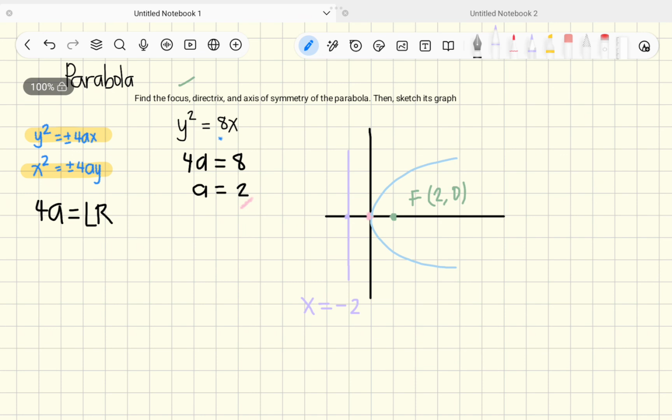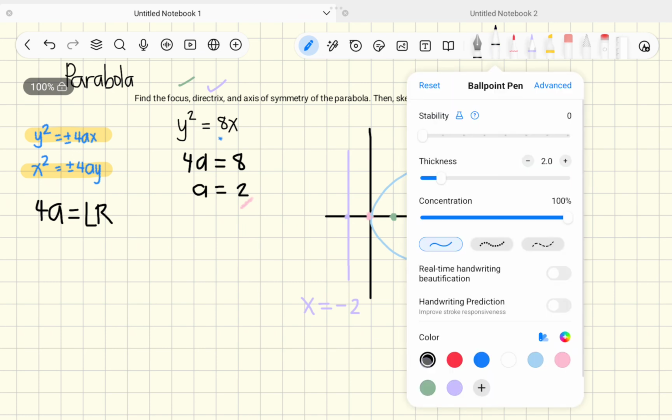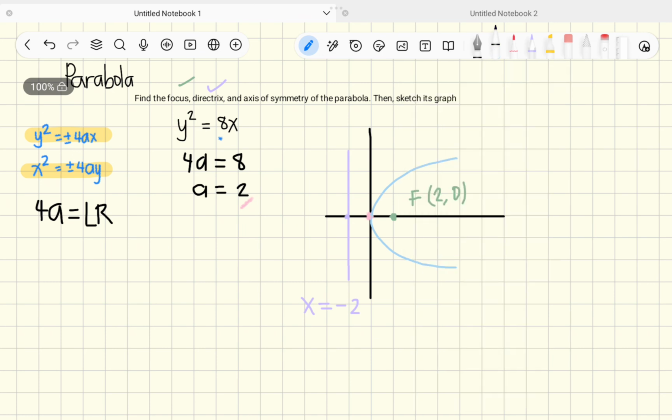So now we have the focus, we have the directrix, and the axis of symmetry. Very easy. Recalling, this is the y-axis, this is x. Now we simply look at where the vertex is located. It's at the origin.